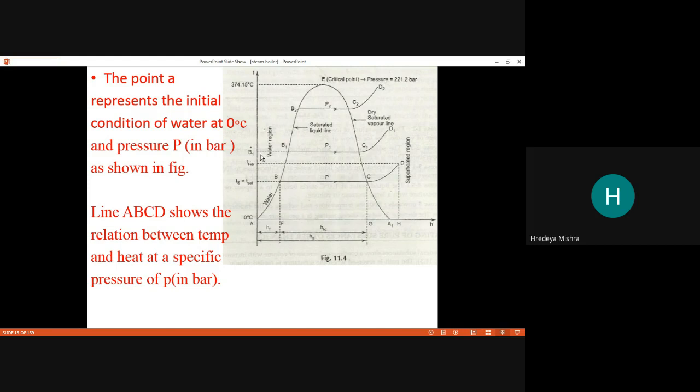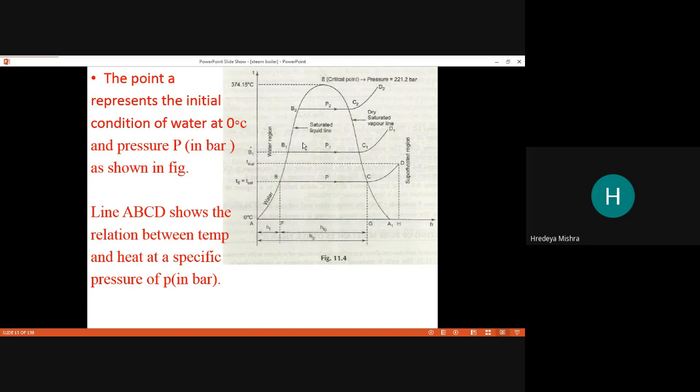And here B1, C1 and D1 is another constant pressure, meaning the pressure is changed, but during this line the pressure is constant, and we get a new pressure, that is P1.